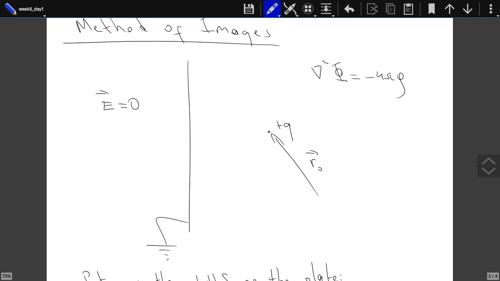And we had seen that the potential of these two charges satisfies all the properties that we are looking for on the right-hand side. It satisfies our Poisson equation on the right-hand side, and it is also zero on the boundary.